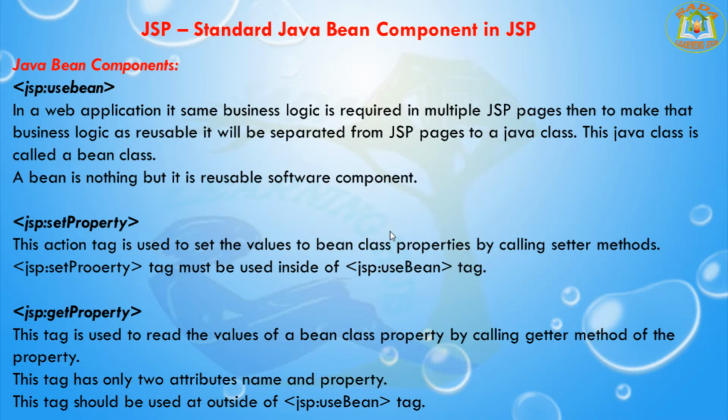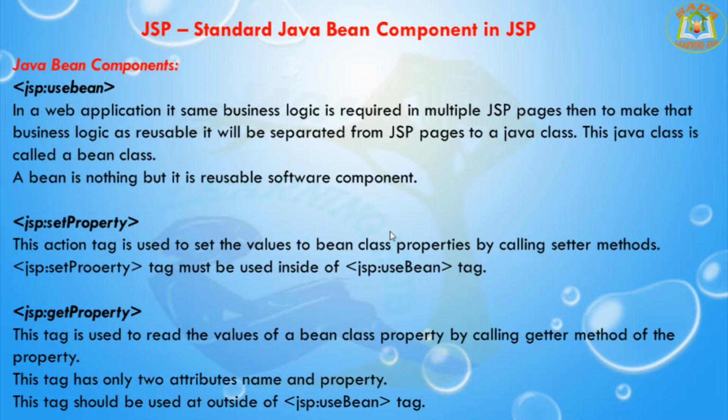For example, you have created the Java Bean object by using the jsp:useBean tag. Now we need to set the values into that particular Java Bean by using jsp:setProperty. If you want to set the values into the Java Bean properties, we must use jsp:setProperty.